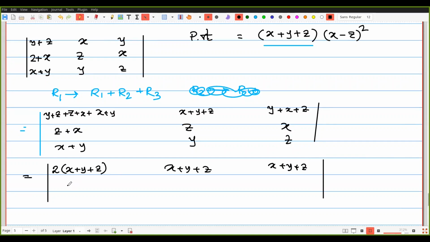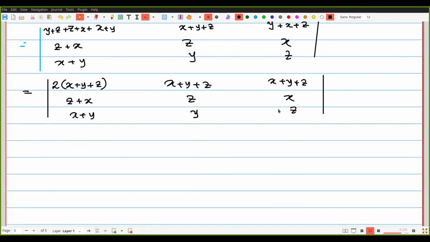And second row, z plus x, z, x, x plus y, y, z. Okay. So in the first row, we have a common element, that one, x plus y plus z. So that one is becoming 2, 1, 1.